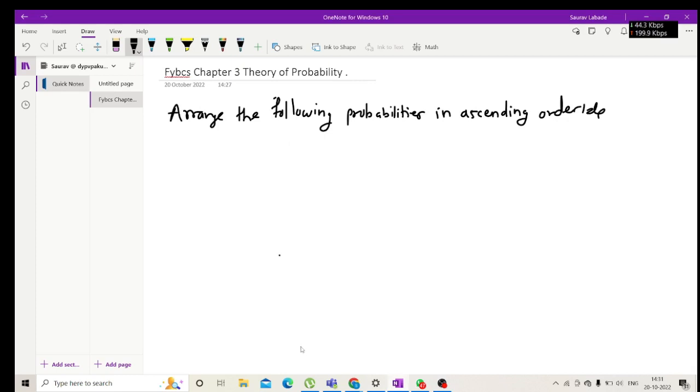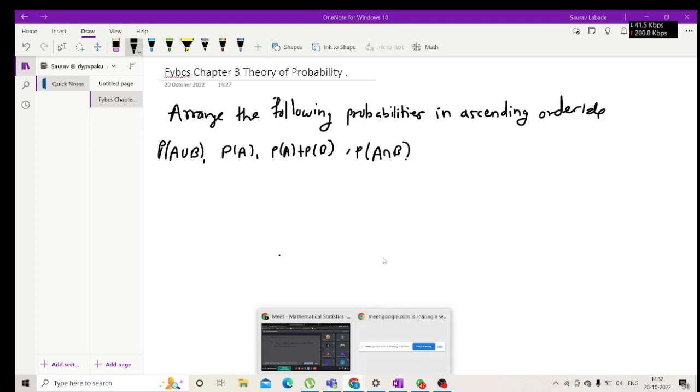The first is the probability of A union B, then the probability of A, probability of A plus probability of B, and the last is the probability of A intersection B.